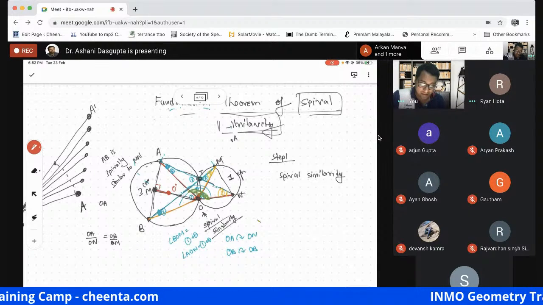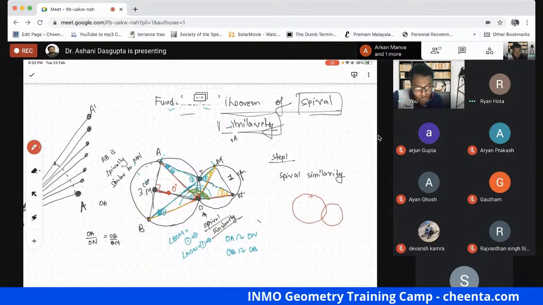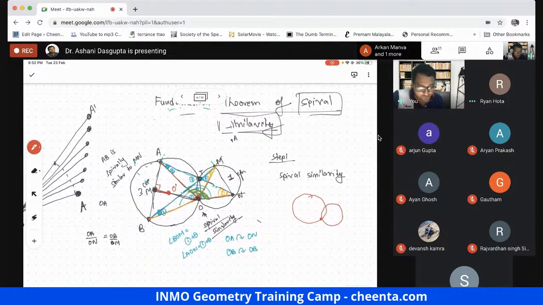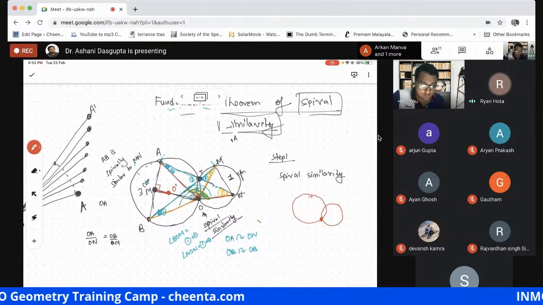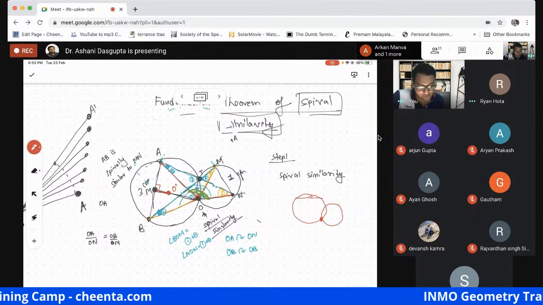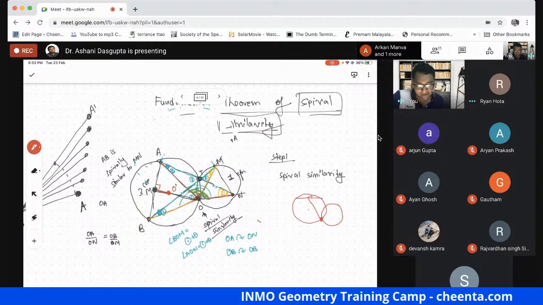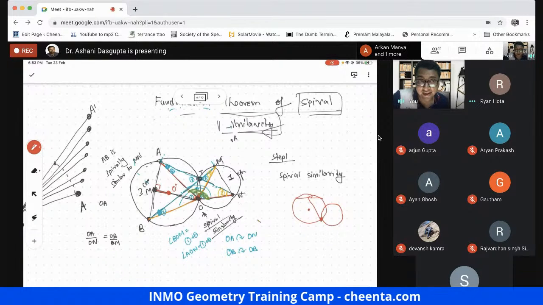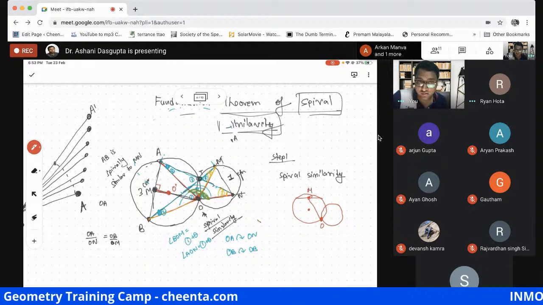But if you have two arbitrary circles, you can arrange for this point to not be on the line connecting O with the midpoint of that particular chord.